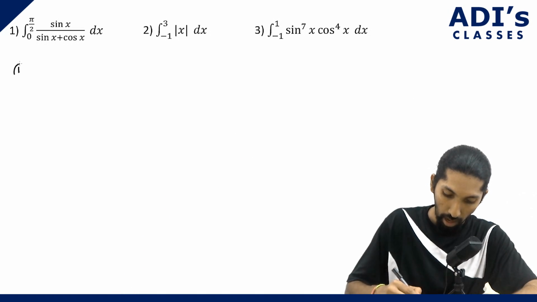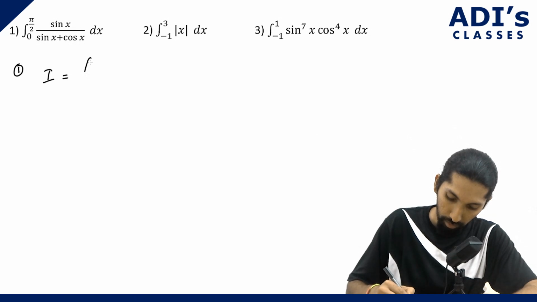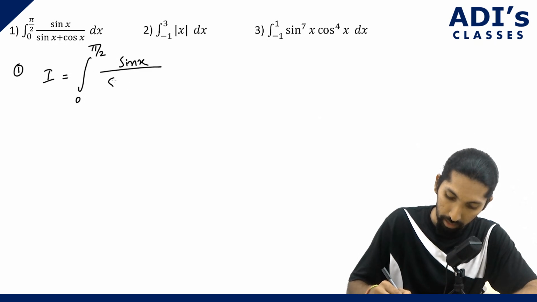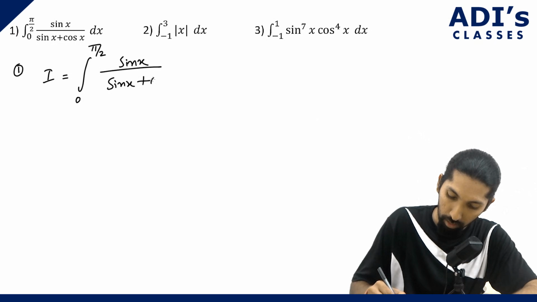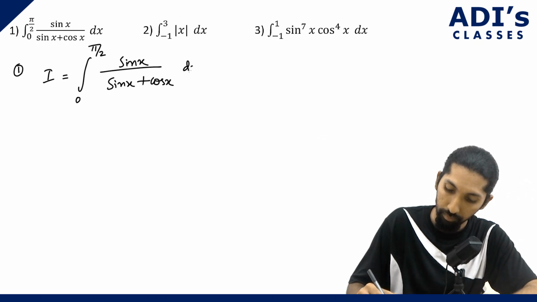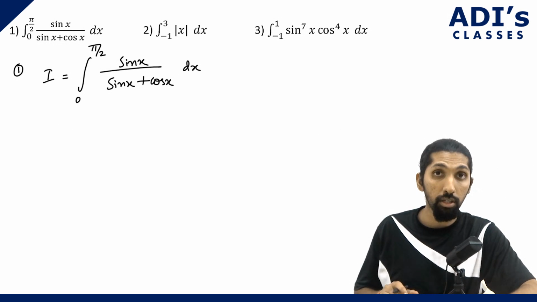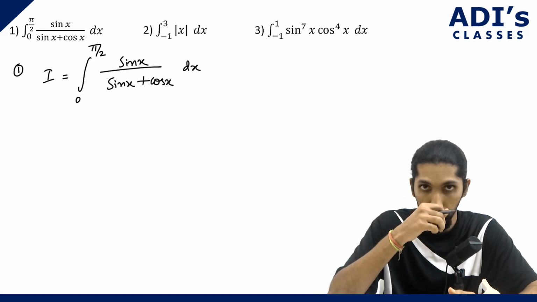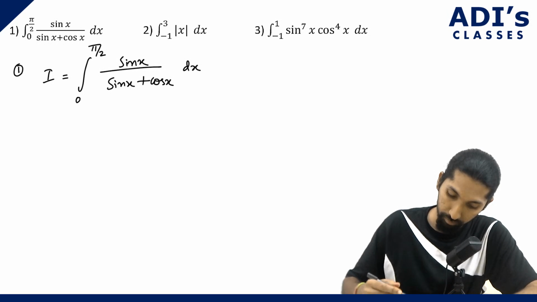We have I is equal to integral 0 to pi by 2 of sin x divided by sin x plus cos x. Now apply the function pi by 2 minus x, that's a minus x.